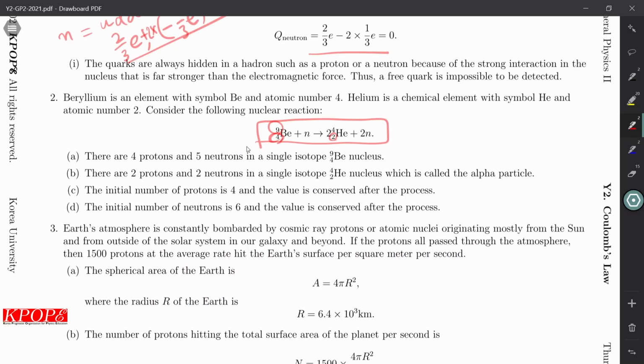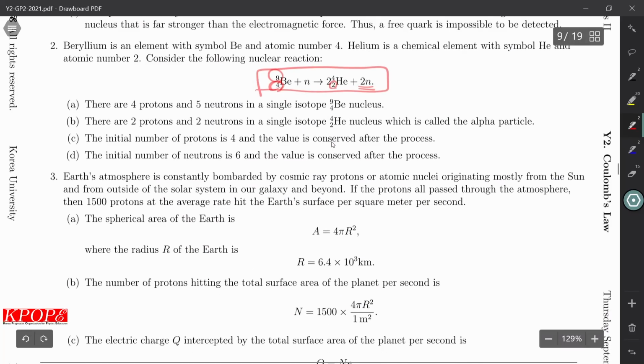And helium has 2 neutrons, so 2 by 2, 4 neutrons in 2 helium nuclei. You add up additional 2 neutrons, so you end up with 6 neutrons. So left hand side, right hand side, number of neutrons and number of protons are the same separately. The single isotope, this nucleus, is called the alpha particle.